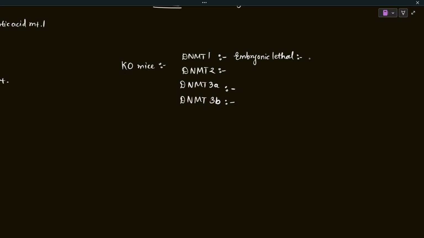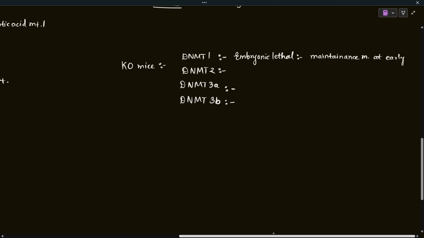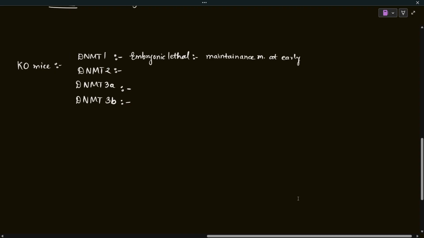It shows that DNMT1 does the maintenance methylation at the early embryonic stage.